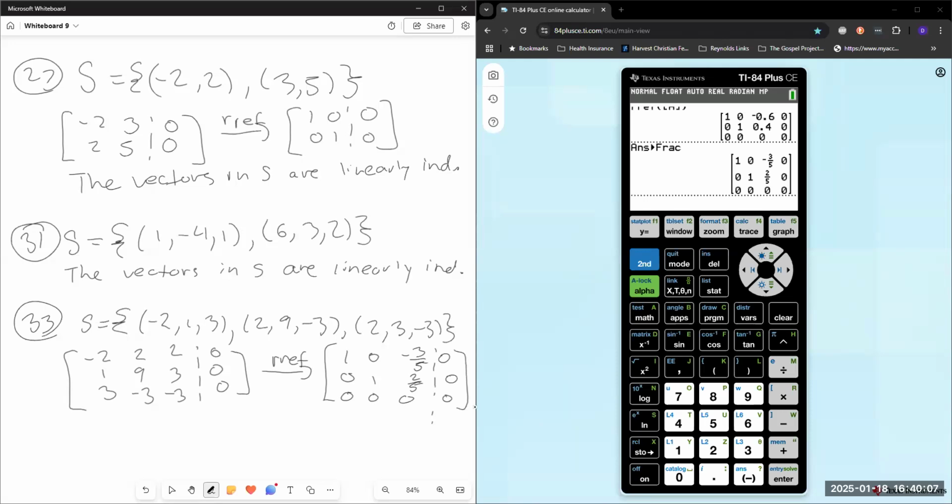So this row of zeros down here tells me that they are linearly dependent because I have that parameter that gets used to make up the other rows. So row 1 and 2 depend on row 3 is what that tells me.